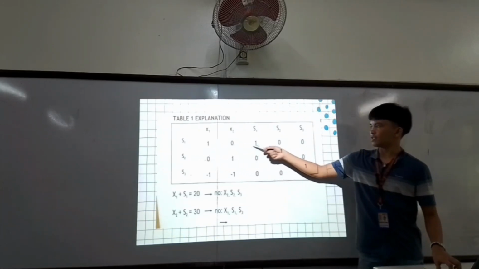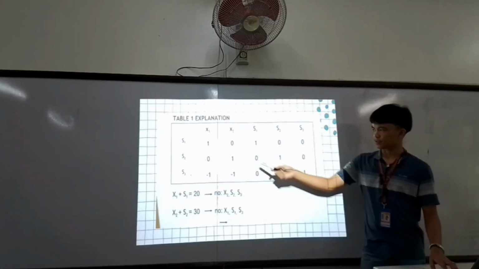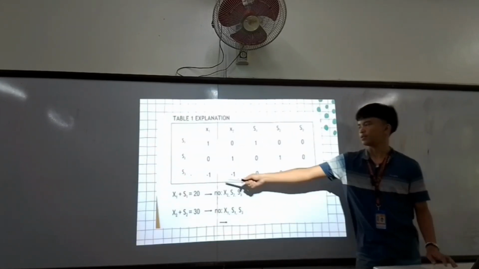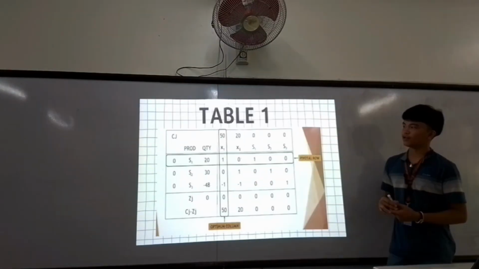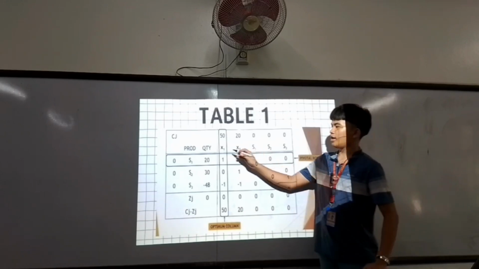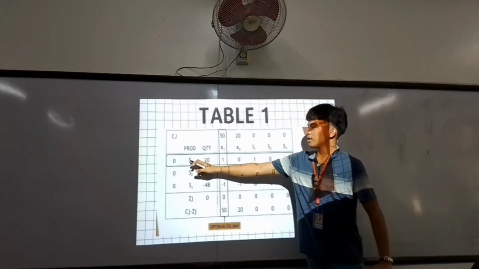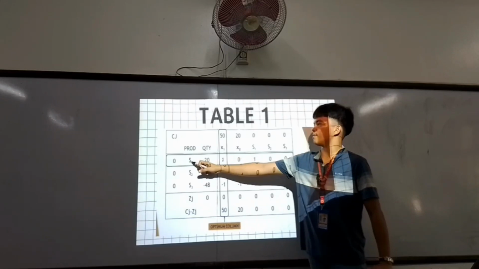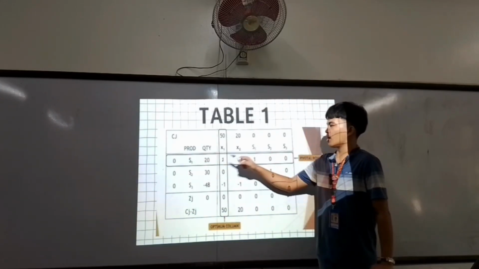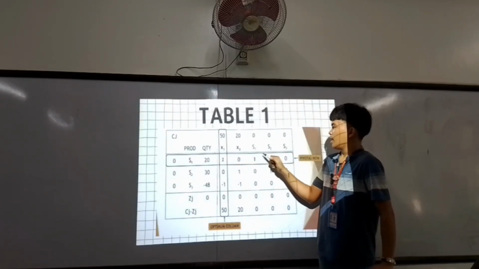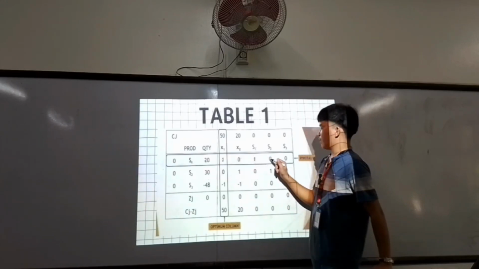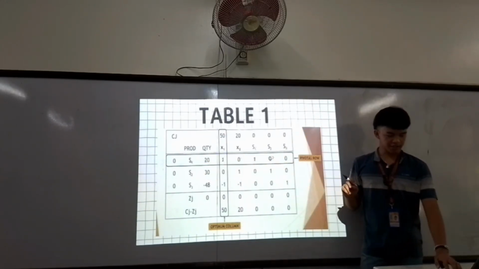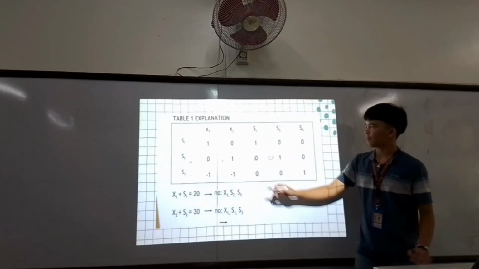we have the consisting of exceeding variables. You can see on table 1, we have here x sub 1, s sub 1, 1. And x sub 2, s sub 1, we have 0. And s sub 1, we have 1. And s sub 2, s sub 1, we have 0. S sub 3, and s sub 1, we have 0. So let's check the table 1 explanation.